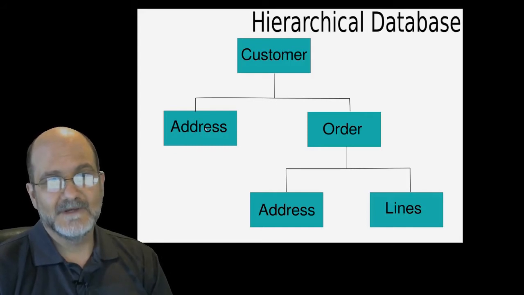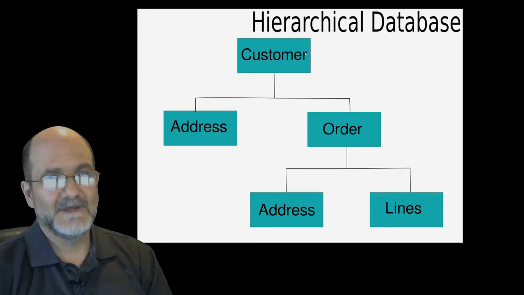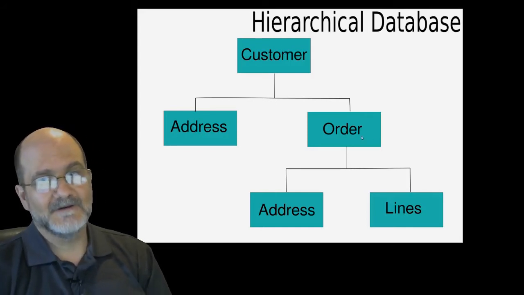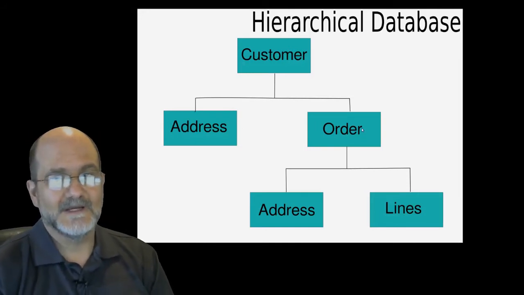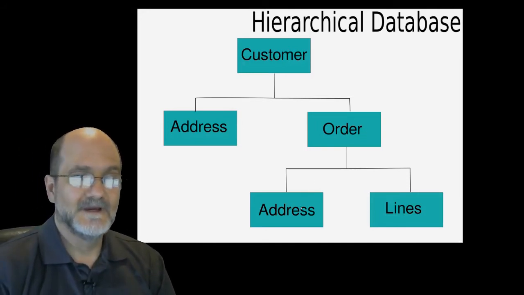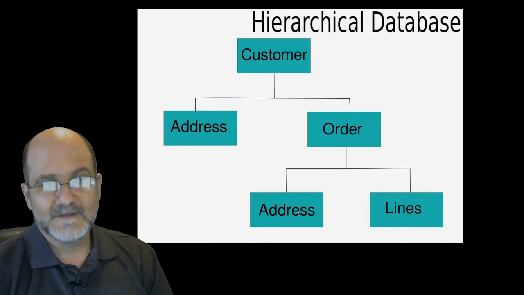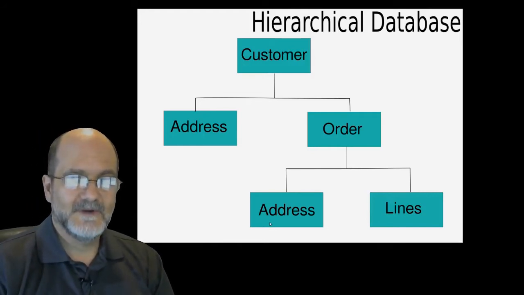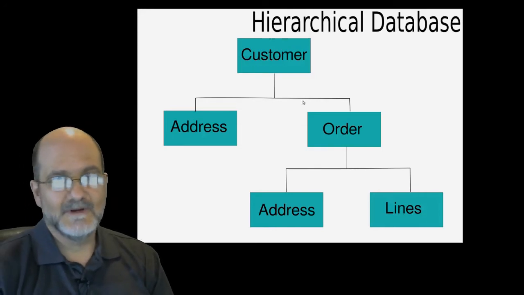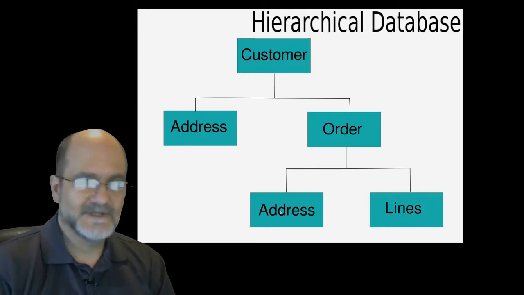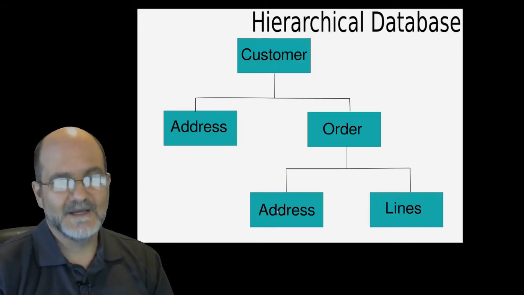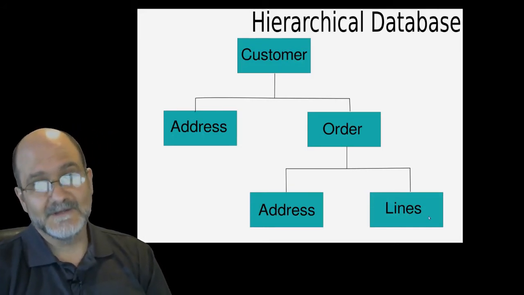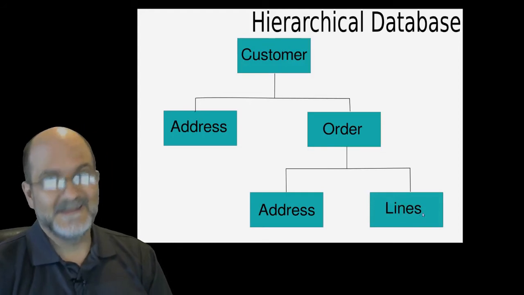So you'd grab the address, but keep in mind you might not be using that, because when you go to the order, you may find they have a separate ship-to address. At each point you have to traverse: go to the child, then the child, then you get the address, then its siblings, the lines, and the lines is where all the detail is.